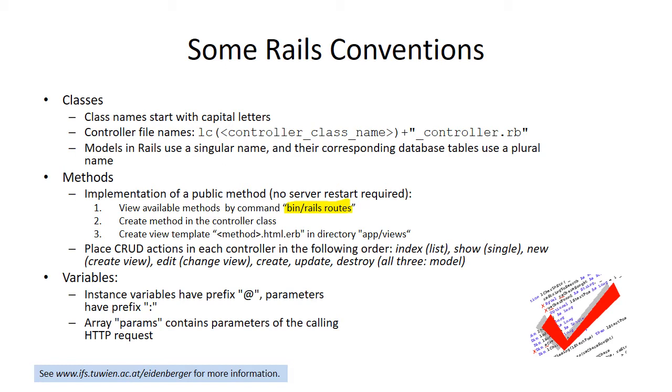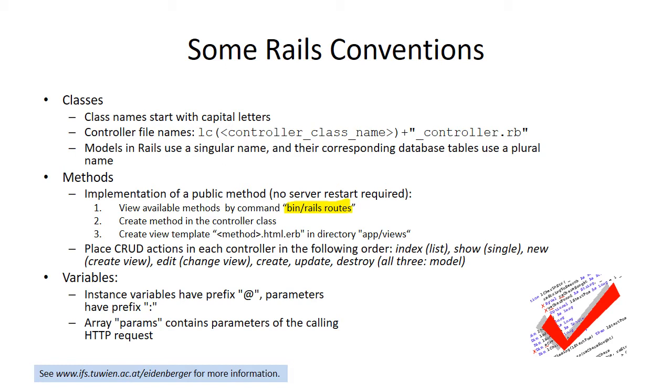There is a predefined way, a conventional way of in what order you actually have your functions, and these are generated by the system. The first is index and the second is show. Index lists all elements of a certain class type. So for example, all articles. Show shows the detail for one particular article, for example, for one entry. It's a detailed view.